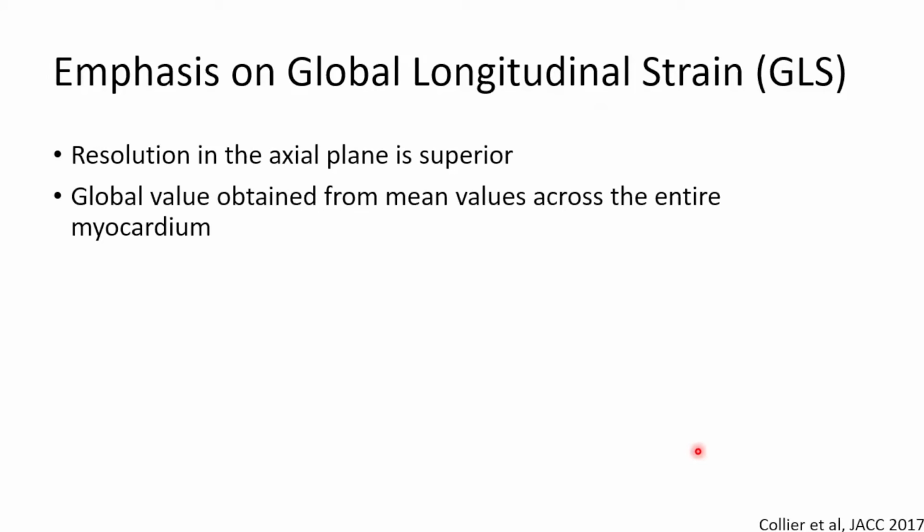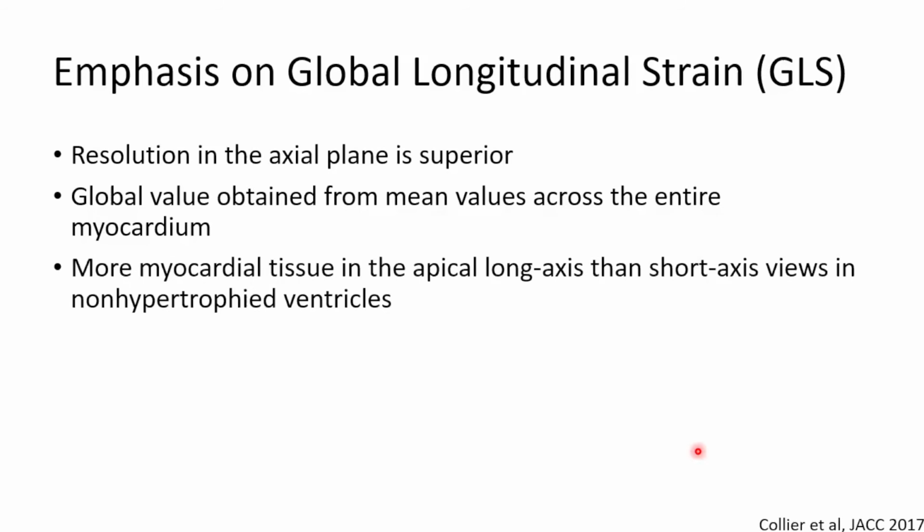We can obtain a global value from mean values across the entire myocardium rather than, for example, in the short axis, where we might be scanning just at one layer, whereas in apical views, we can obtain multiple apical views, in 2, 4, 3 chambers, looking at the entire myocardium.